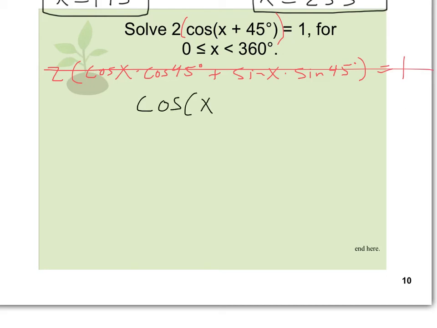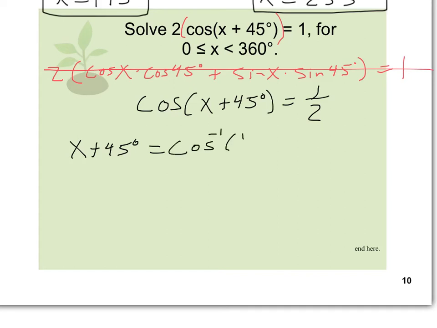Instead, dividing by 2 is a much better start. And we end up with that. Cosine of x plus 45 degrees equals a half. And once again, I can move to that next step of taking the inverse.